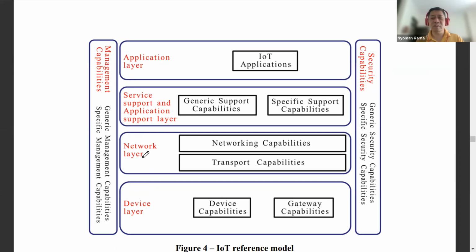That's transport capabilities. And then the last one, the bottommost layer, is the device layer, which has 2 functionalities. The first one is device capabilities, and the second is gateway capabilities.